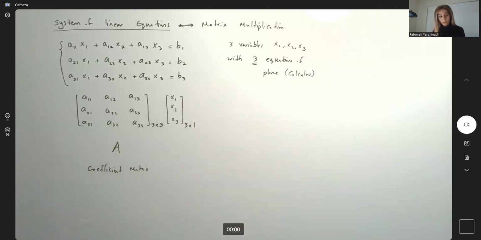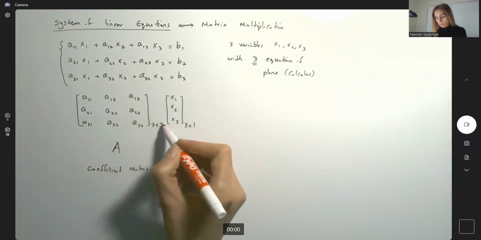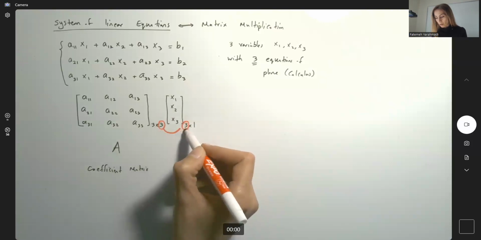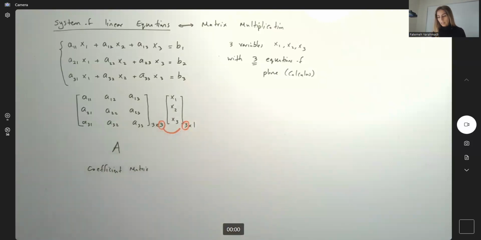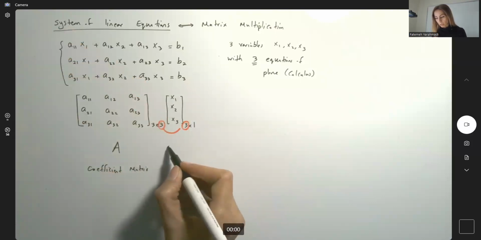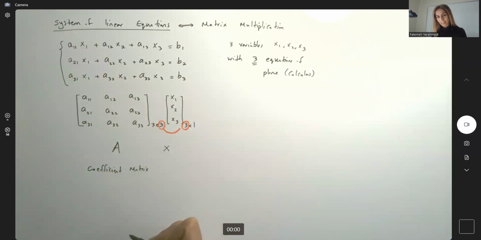Remember, in matrix multiplication, the number of columns of the first matrix must be the same as the number of rows of the second matrix. This is called a column matrix because it's just one column. We're going to represent this by x, representing variables.